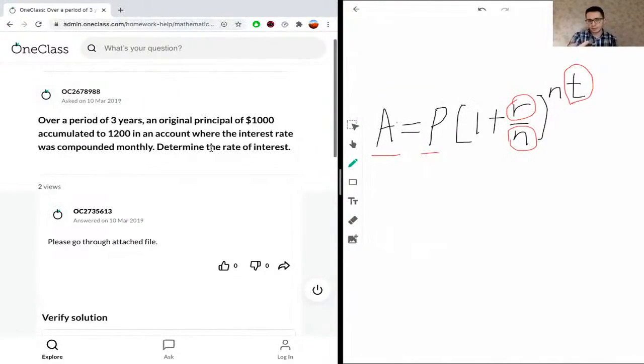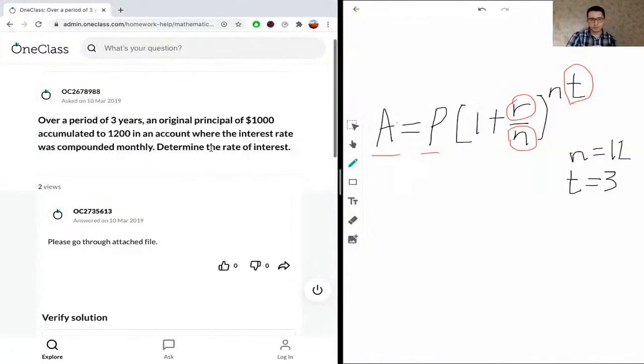Here it's saying over a period of 3 years. Usually T is defined in years, so T will be equal to 3 years, the total period. And then N is how many times per year the principal is compounded. In this scenario, N should be equal to 12, and T equals 3.